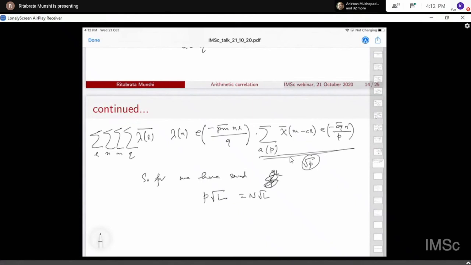We have saved N root L. Previously, without this trick, we were at the threshold after applying the summation formula and before Cauchy. So now we are away from the threshold, but we are in a better position.